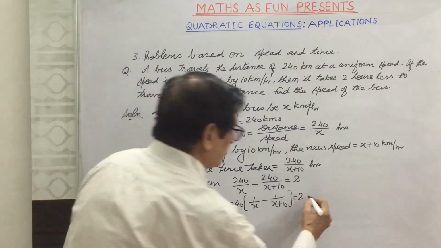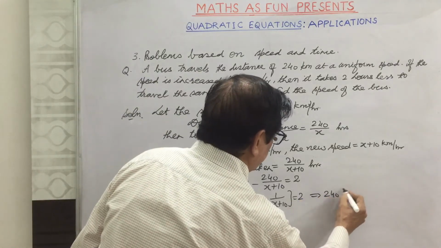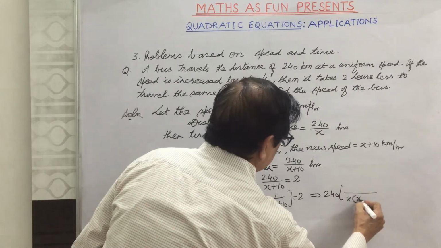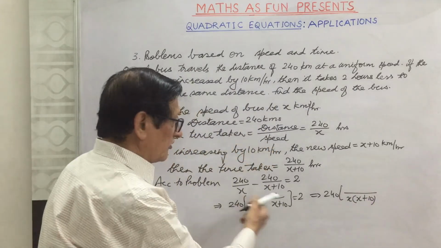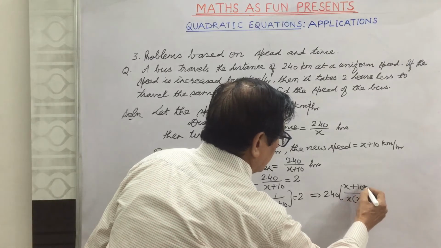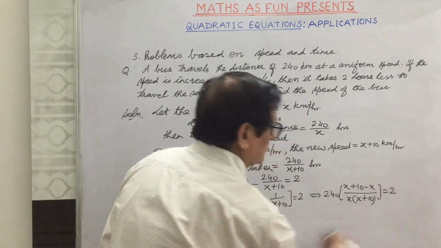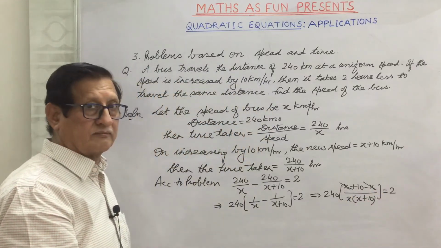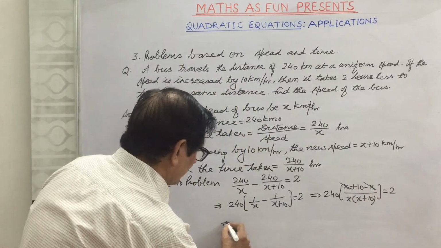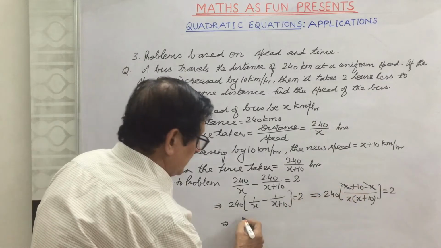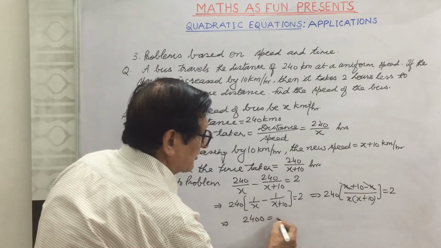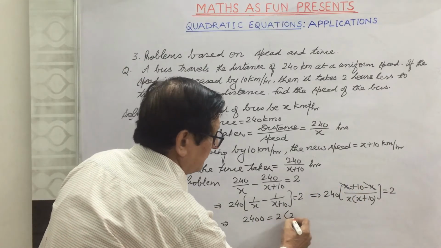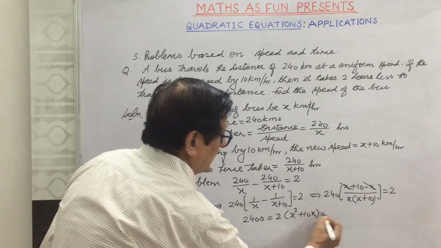When we take the LCM of this, we get 240 into x plus 10 minus x is equal to 2. This x and x cancel. And when we multiply, we are getting 2400 is equal to 2 into x square plus 10x.